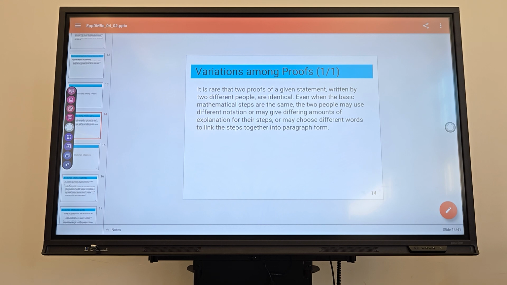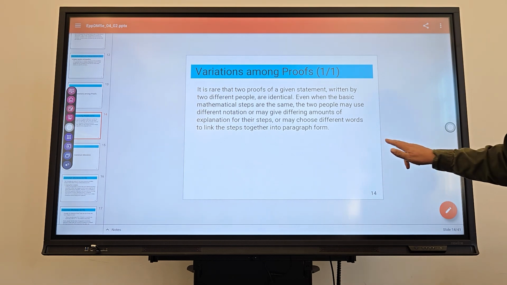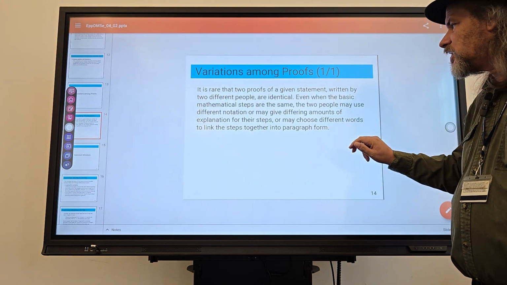If you know what to look for, you can tell how many people have worked on a program by how many different styles there are. Everybody develops their own style. So everybody's different, and it doesn't mean the proof is less valid because it's not identical to somebody else's.